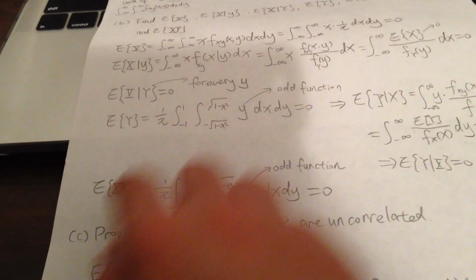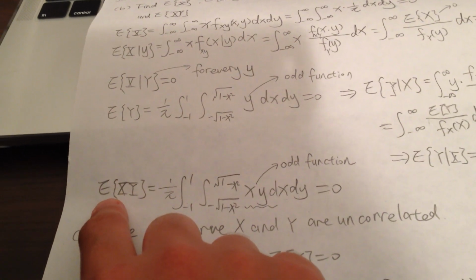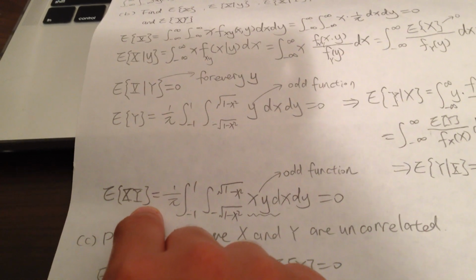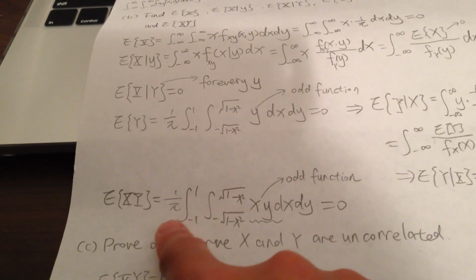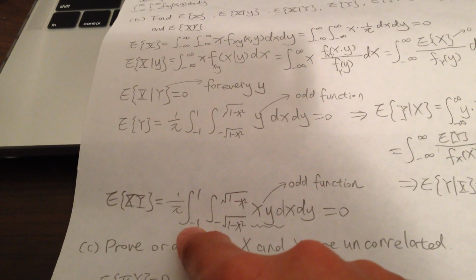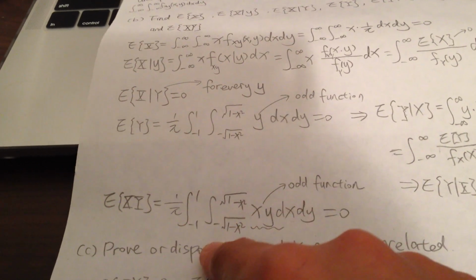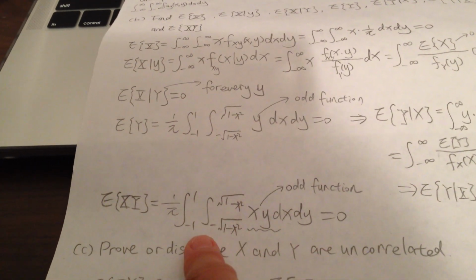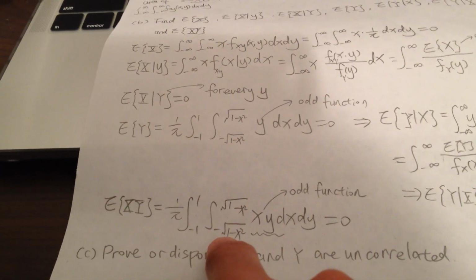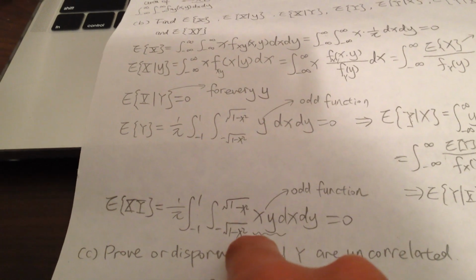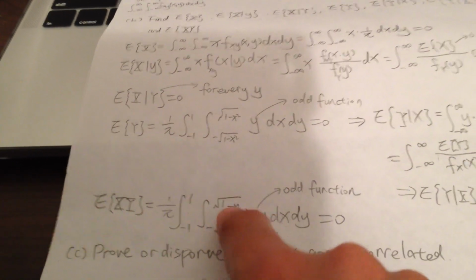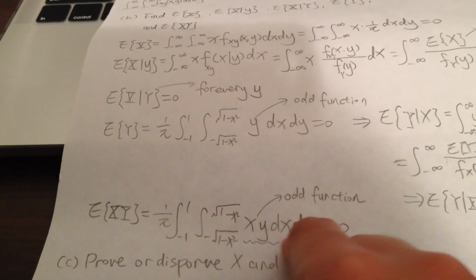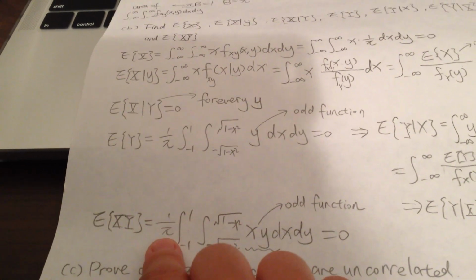And the last part is the expectation of XY. We do the integral with x from minus 1 to 1, and y from minus the square root of 1 minus x squared to the square root of 1 minus x squared, of xy dx dy times 1 over pi.